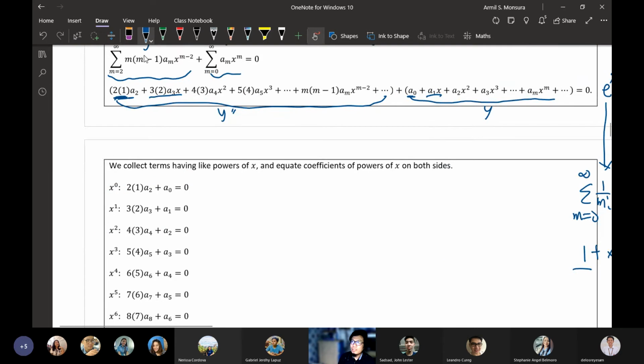Okay. Now, we are now ready to solve these coefficients. These coefficients are A0, A1, A2, A3, A4, A5, and so on. These are the coefficients that we need to solve. But we need to set aside arbitrary constants. So how many arbitrary constants do we need in this case?